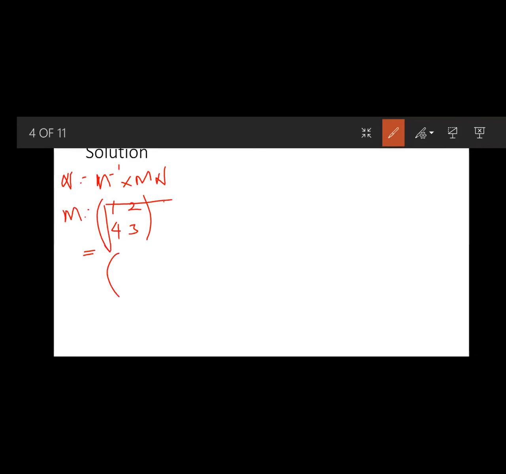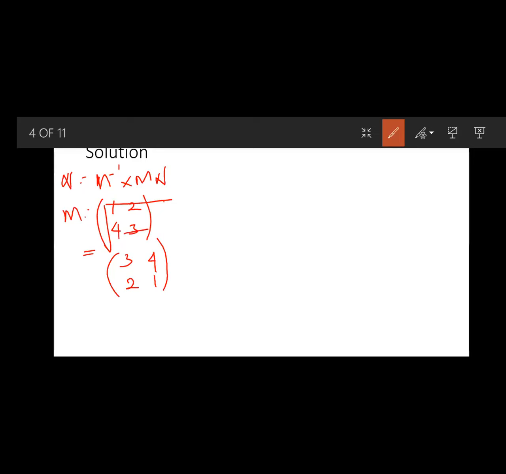So the minor of 1 will be 3. The minor of 2, cover the row of 2, cover the column of 2, you have 4. The minor of 4, cover the row of 4, cover the column of 4, you have 2. The minor of 3, cover the row of 3, cover the column of 3, you have 1. So that's the minor. I hope I'm right.